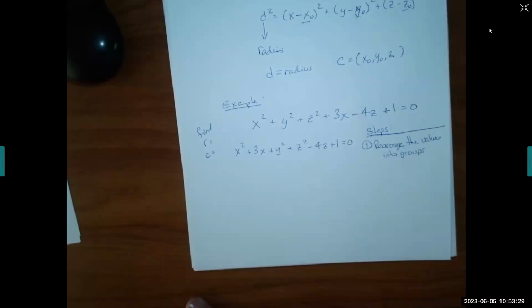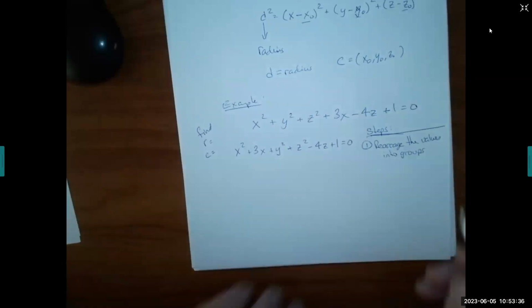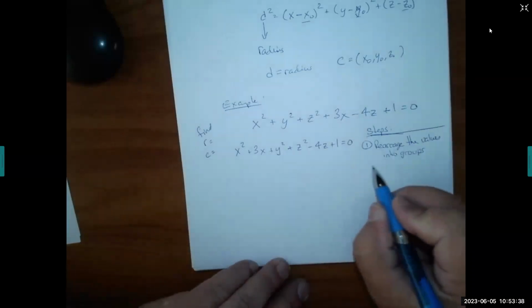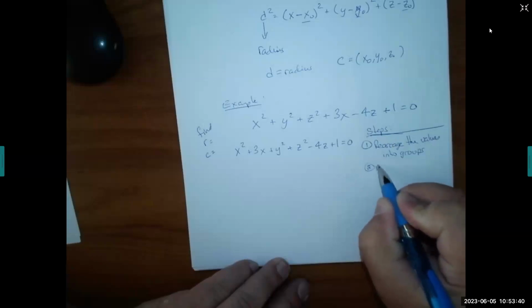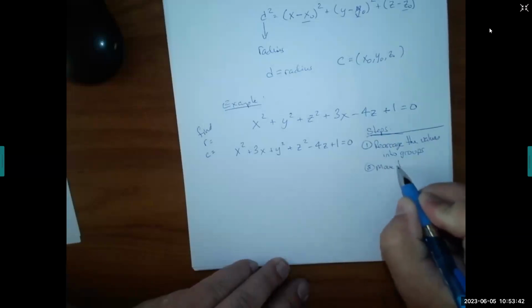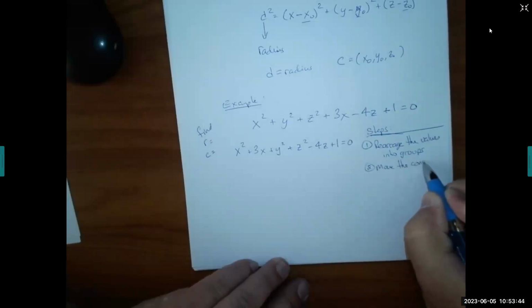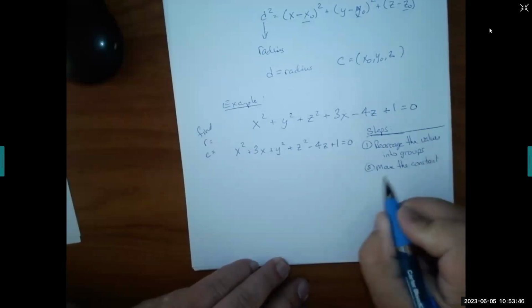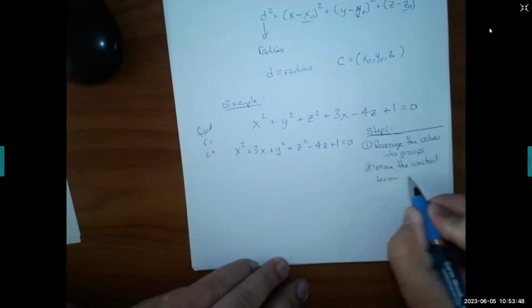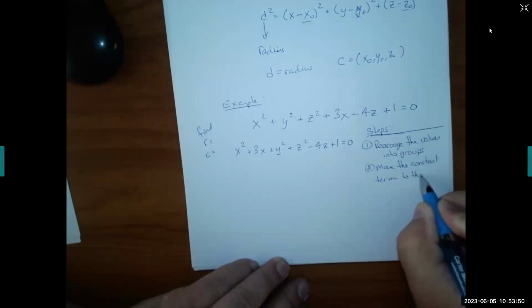Basically, what we have to do here is we have to complete the square 3 times. So we group all the terms together. Move the constant term to the other side.